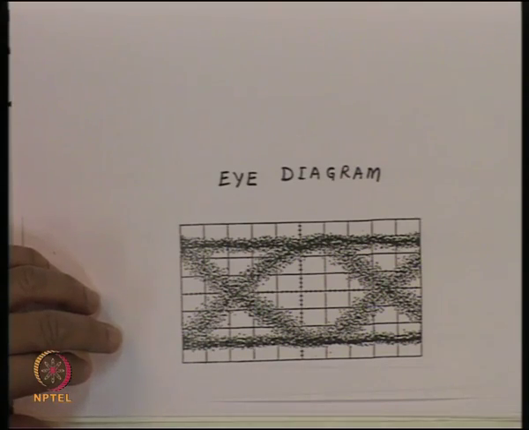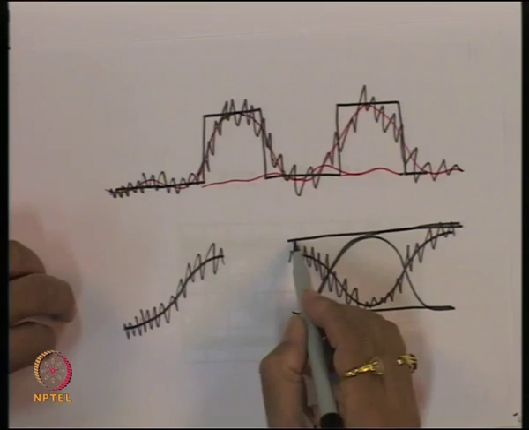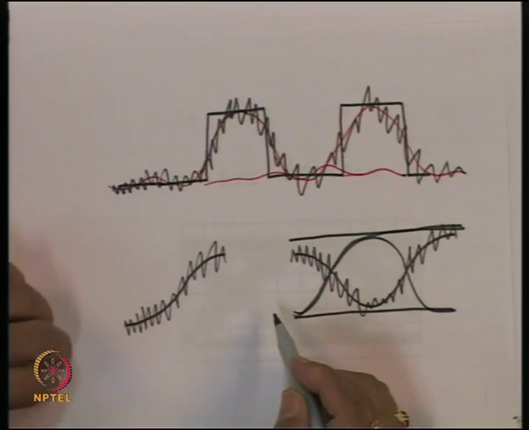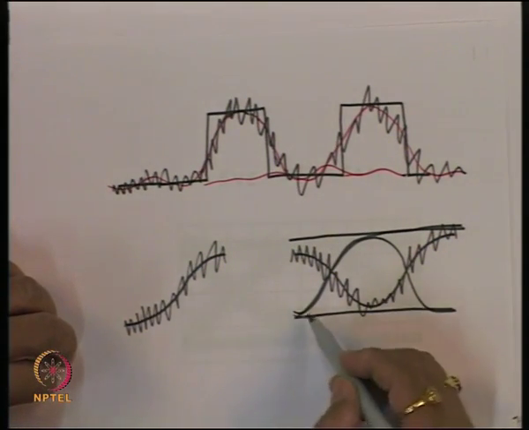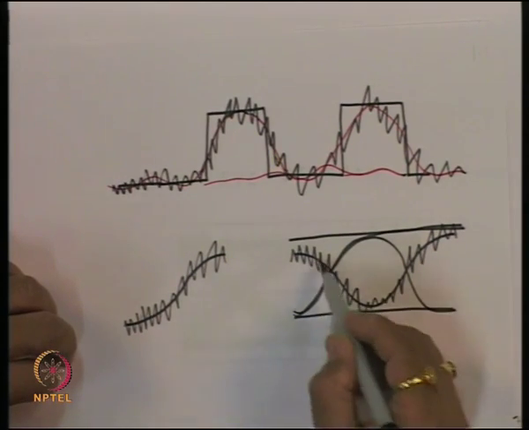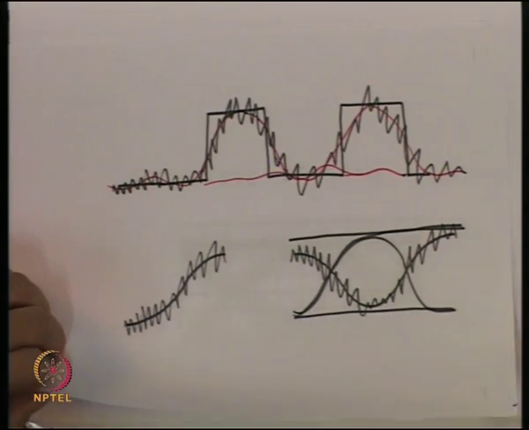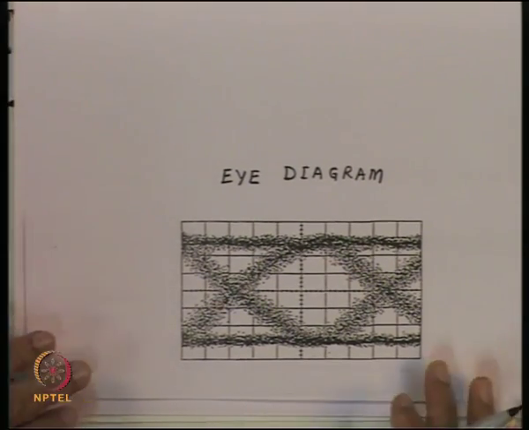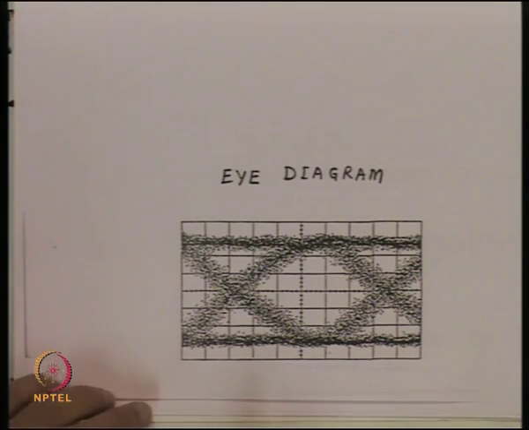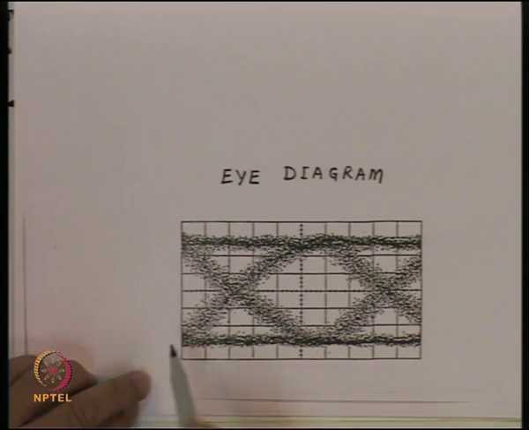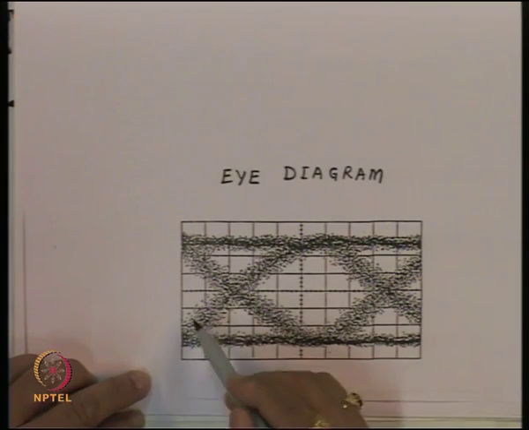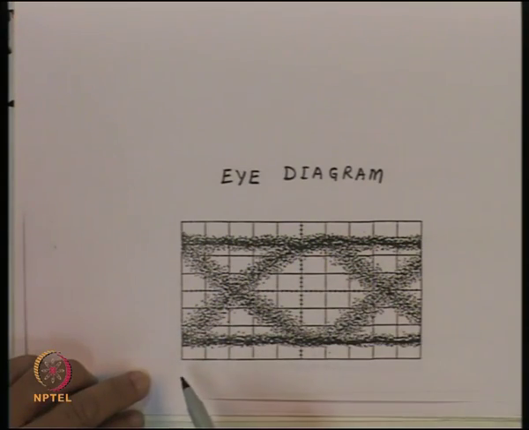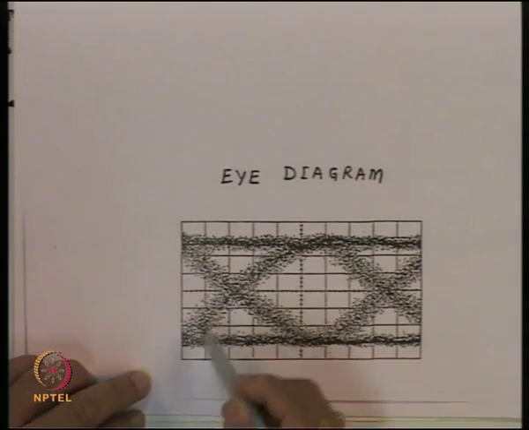So, as we saw there, we have all possible transitions which are going to take place. You may have a signal which will continue like this, or you may have a signal which may make a transition like this one, or we may have a transition which is like this, and so on. So, that is what is shown here, that if the data is received from the optical receiver and if it is synchronized with the bit, then we get a pattern which will typically look like that. So, this is the thing which is going from 001, the pattern will look like that.